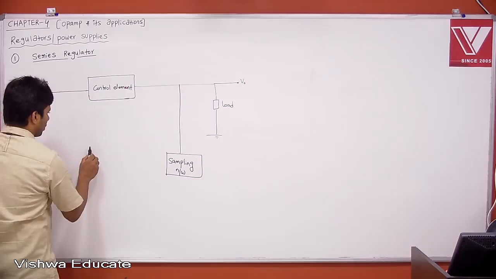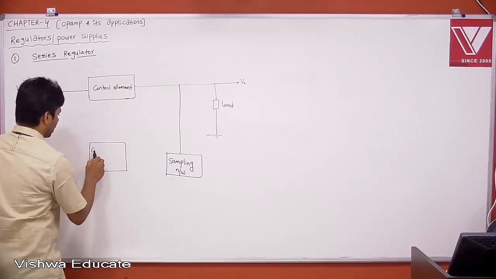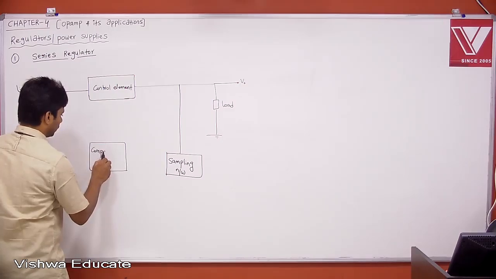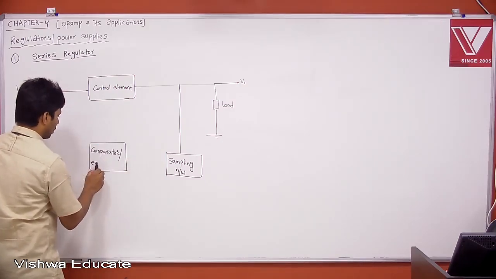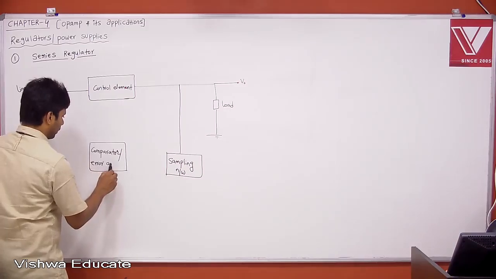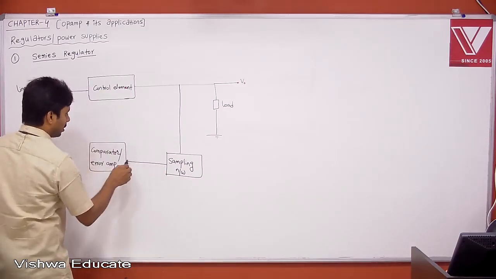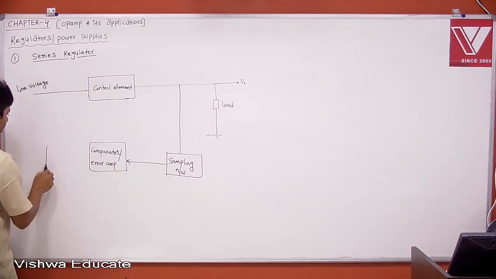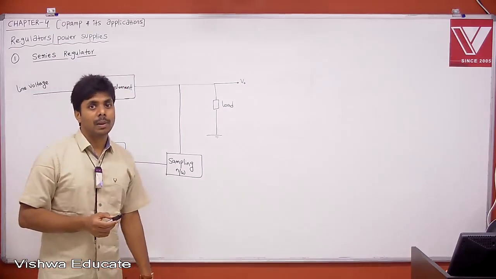Then this is nothing but your comparator or error amplifier, right? And it is going to compare the sampled voltage with the reference voltage. Remember, this reference is like the reference clock you got in the case of PLL.